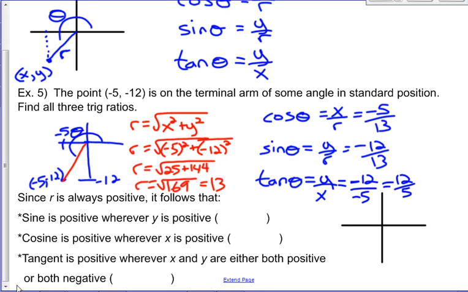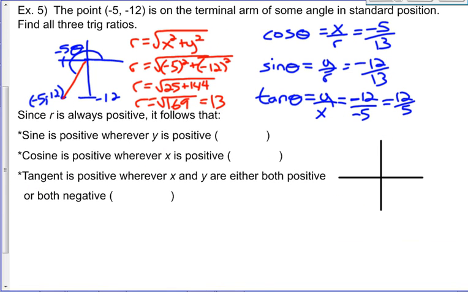From this, some properties emerge. We know that r is always positive. So that means sine is going to be positive whenever y is positive, because sine is just y over r. And y is positive in quadrant 1 and quadrant 2. So if we're wondering what's positive, sine is positive here, and it's positive in this quadrant.